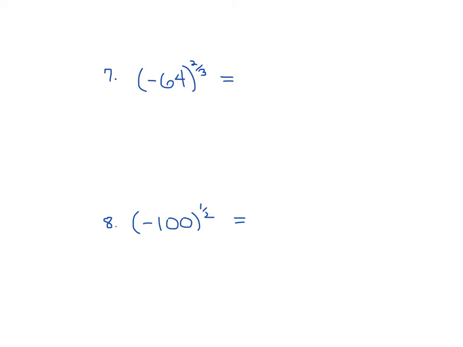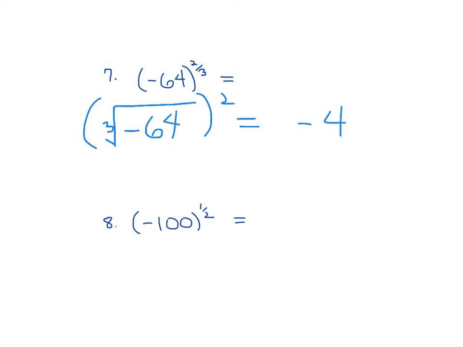So let's go ahead and look at number 7. I am going to take the negative 64 and find the cubed root, or the third root of it, and then I'm going to square my answer. So, what number times itself 3 times will give me negative 64? Negative 4. Because negative 4 times negative 4 is positive 16, times another negative 4 gives me the negative 64.